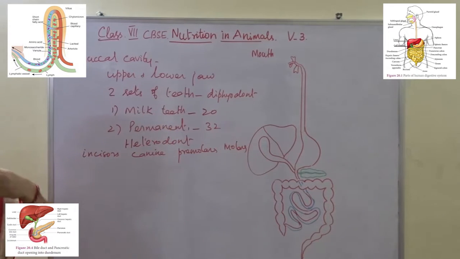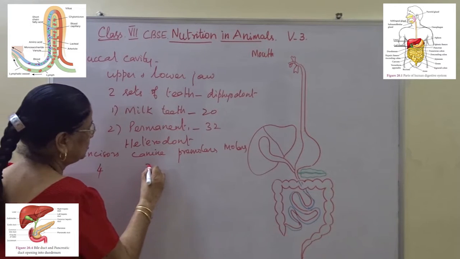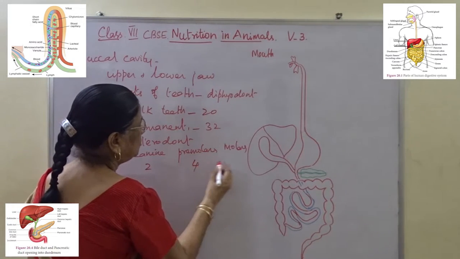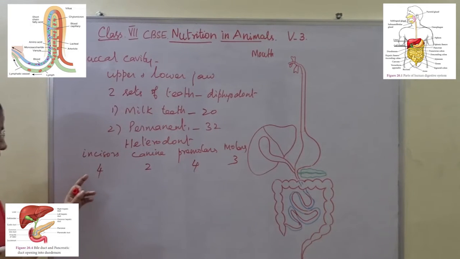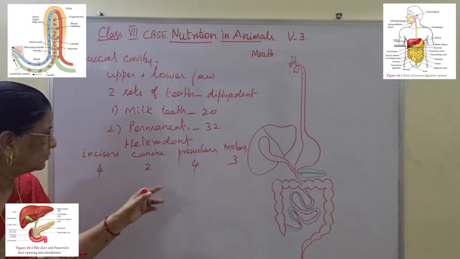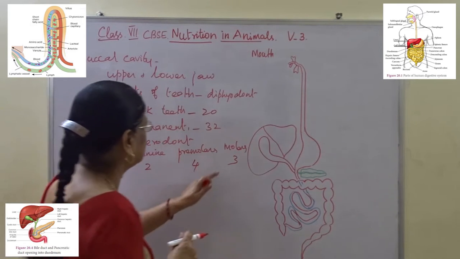There are 4 incisors in each jaw, 2 canine, 4, 3. I hope you understand. Two sets of teeth.